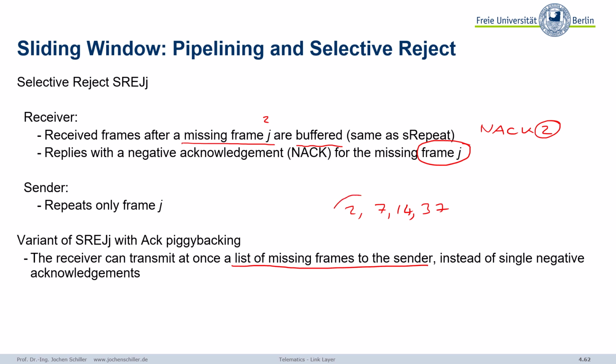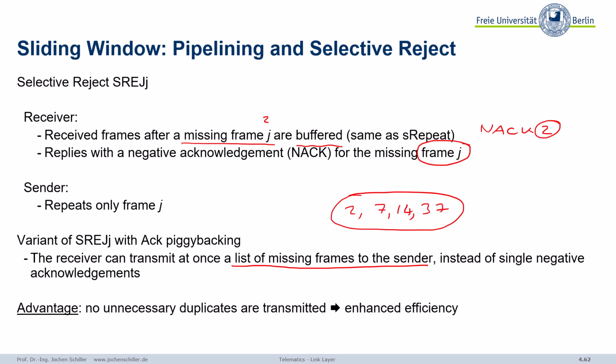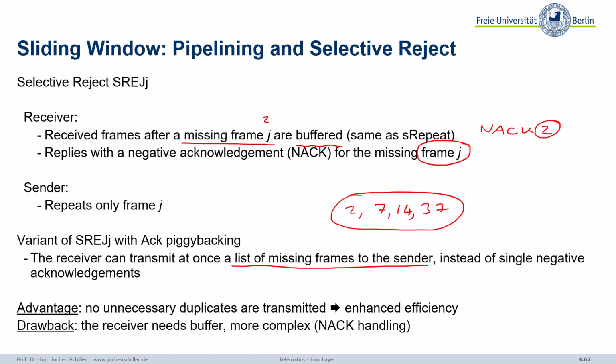So this helps then the sender to repeat only those frames. But this means that I have to manage the buffer. So I have to do more complicated buffer operations compared to the simple go back N. Big advantage, we do not send duplicates. So it's very efficient. But it needs a bit more buffer, so it's a bit more complex.